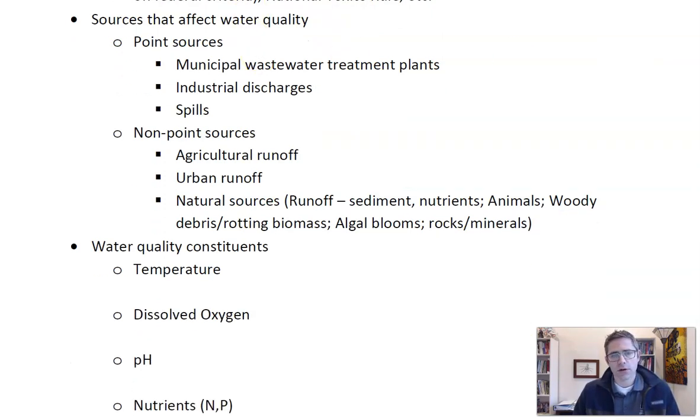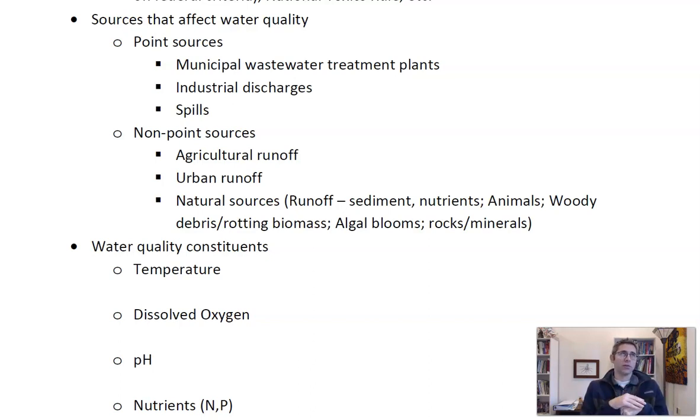What affects water quality? So point sources: wastewater treatment plants, or industrial discharges or spills. We call them point sources because you can attribute the pollution to a single point where it entered the waterway. Through the 70s, 80s, 90s, after the Clean Water Act was passed, most of the regulation had to do with point sources.